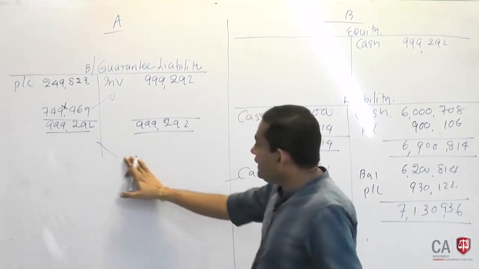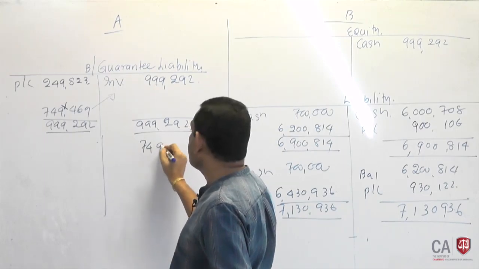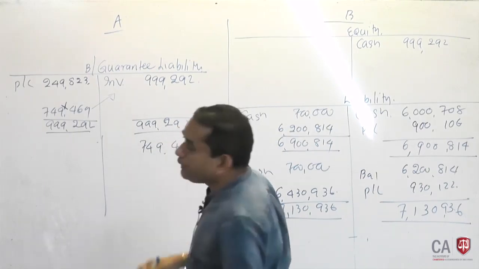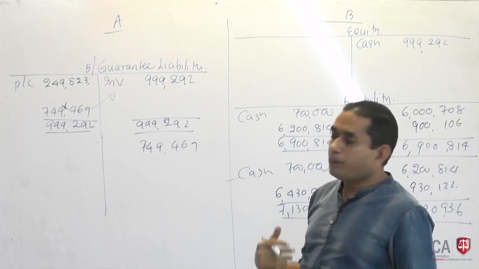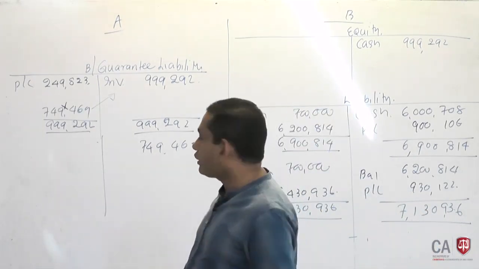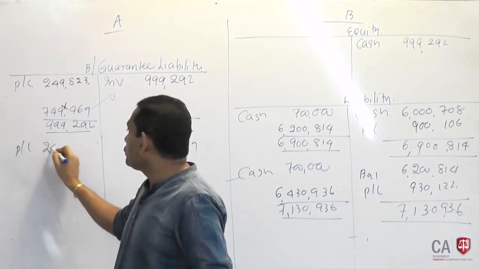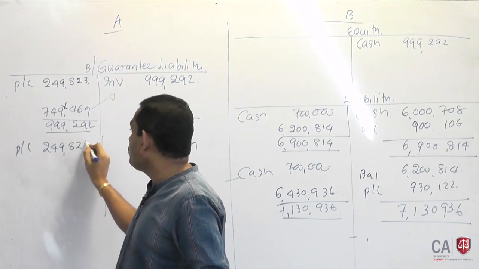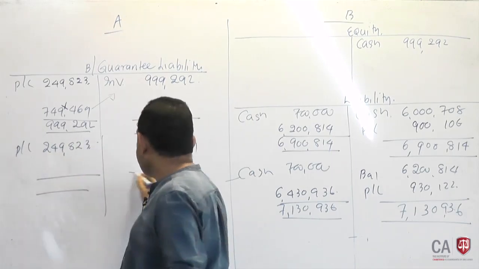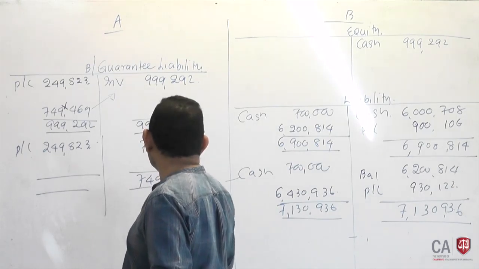Since company B settled the second year interest as well, now company A is relieving bit by bit from their responsibility towards the bank of company B, another 249,823 can be transferred to profit and loss of the parent company.